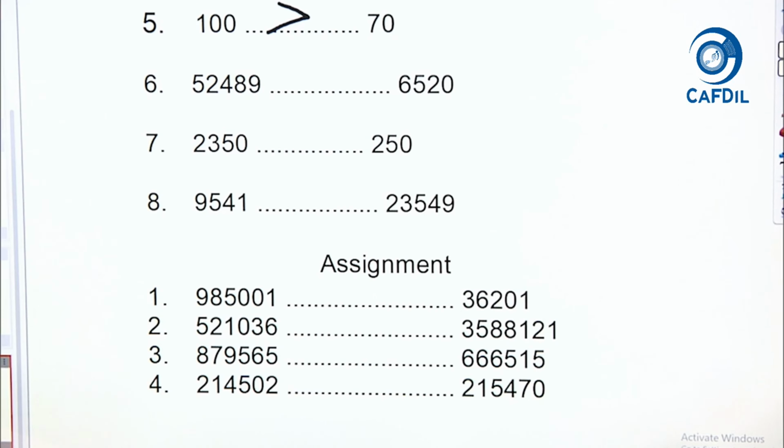You insert your sign. If they are the same, you compare the digits one by one. I want you to do it for me. Okay, stop and then let's do it together.